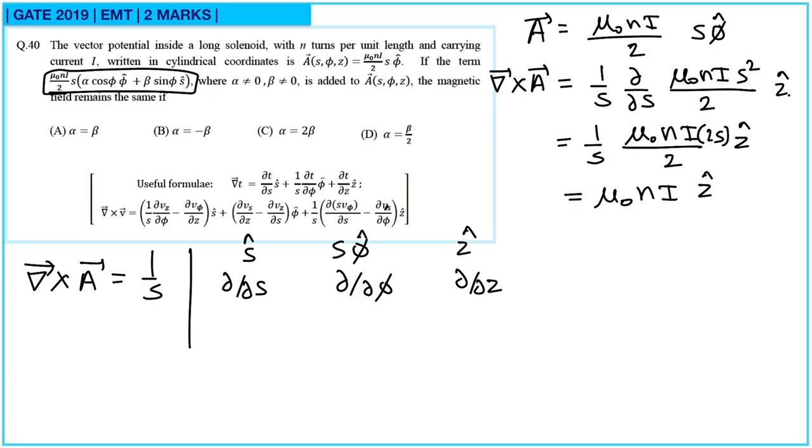Now the first term was z cap term and then phi cap term, and this is added. So this will be mu naught n I, that we can take common. So mu naught n I by 2 is what we are taking common. Now the first term is this phi cap, here we have s only, plus this term.